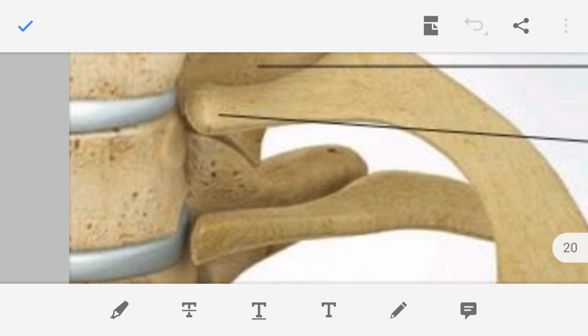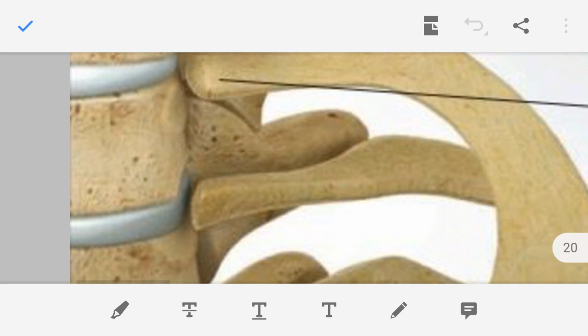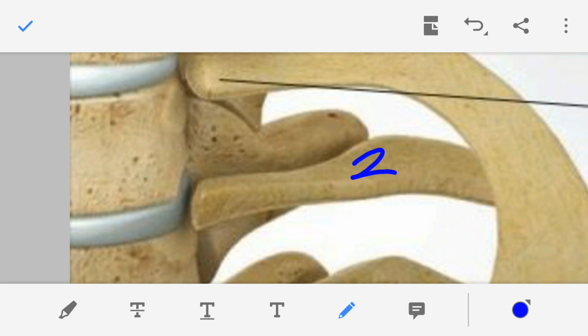Then this rib, this is rib number 2. This one is the superior articular facet, this one is the inferior articular facet.